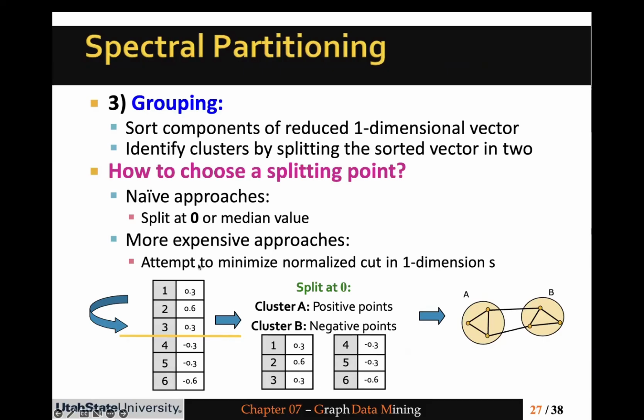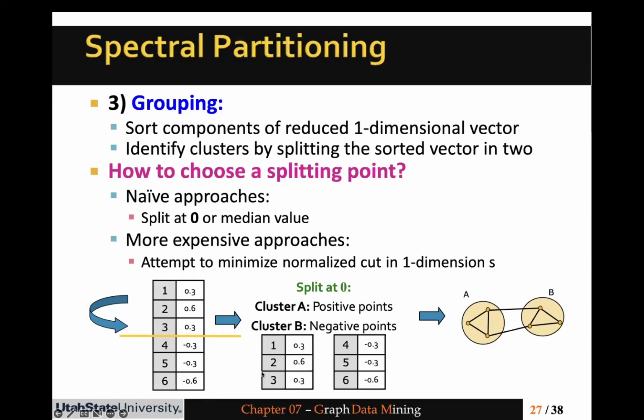In this case, if you sort all the values from positive to negative, and take a natural split of all the positive values of the second eigenvector versus the negative values for all the other nodes, you might see that nodes 1, 2, and 3 have positive values in their second eigenvector versus nodes 4, 5, and 6, which have negative values.